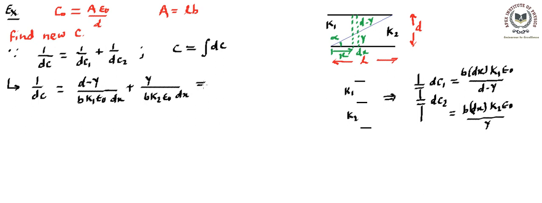Now if you want, you can take some common terms outside. What we can see as common is 1 upon b epsilon naught dx. So this is easily taken as common, and we will find d minus y divided by k1 plus y divided by k2.